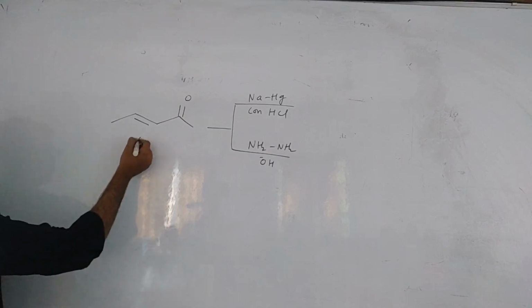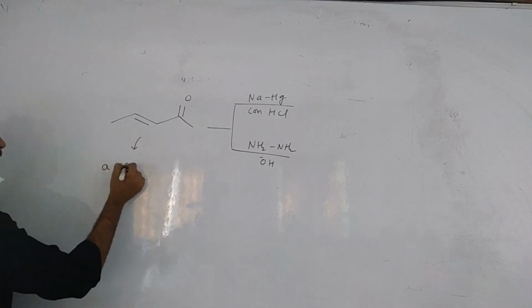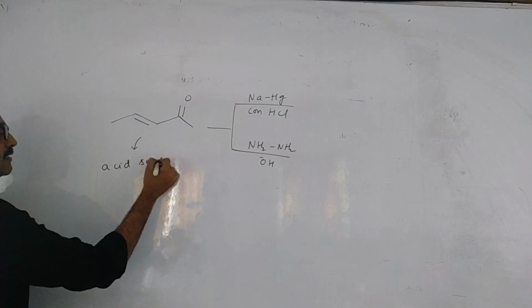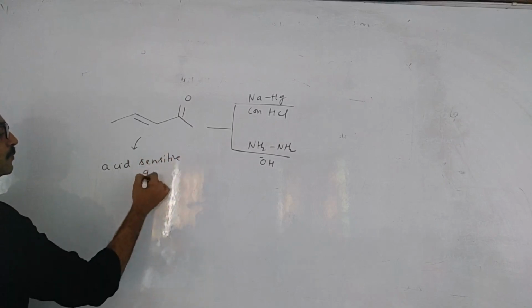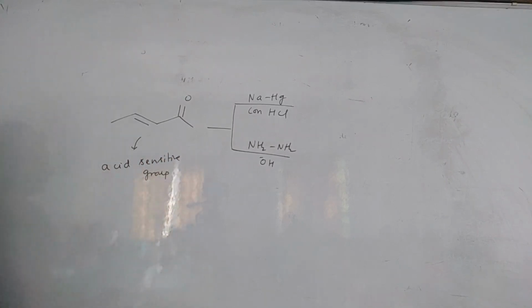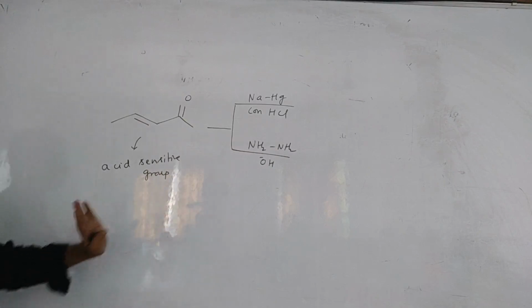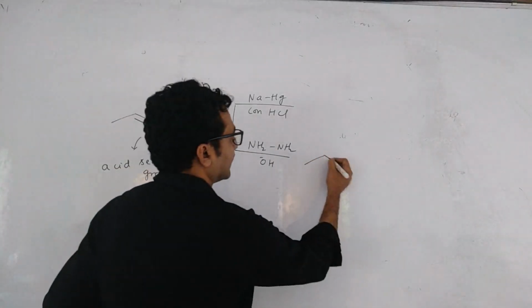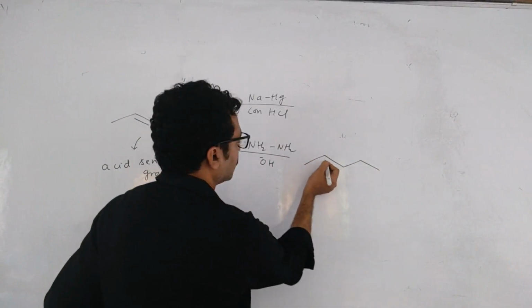So the double bond is also what group, children? Acid sensitive group. Okay. So with Wolff-Kishner what will you get? The double bond won't get reduced.